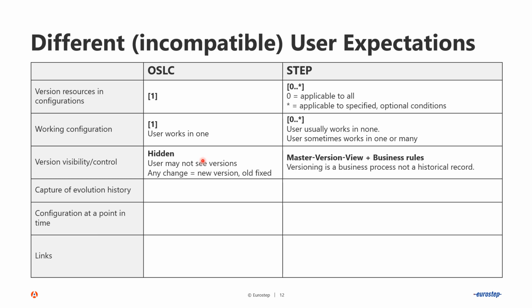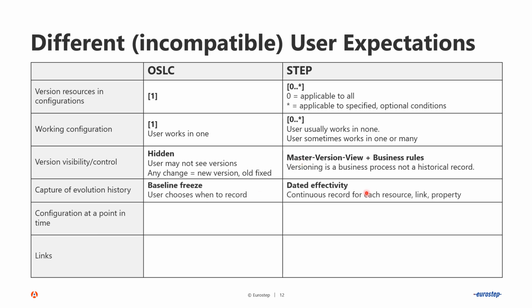Whereas in the STEP series of standards, there is a thing which we call master version view. So there is a master object which has multiple versions and then multiple views, and there are business rules for when you change version. So the version is not linked to the changes. It's a business decision when a new version is made.